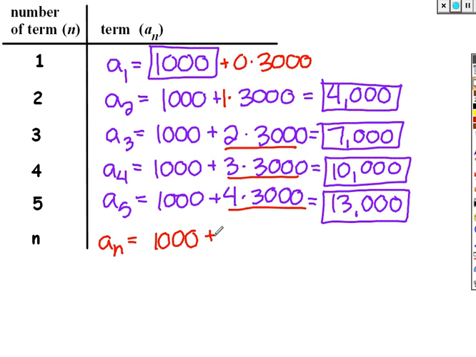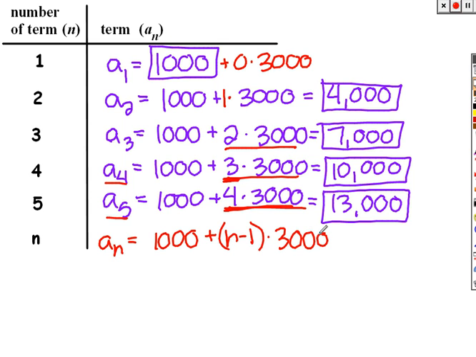And then how many times am I adding on this 3,000? Well, the fifth term is 4 terms after the first one. So I'm adding on 3,000 4 times. The fourth term is 3 terms after the first one, so I'm adding on 3,000 3 times. So the nth term is actually n minus 1 terms after the first term. So that's how many times I'd be adding on the 3,000.